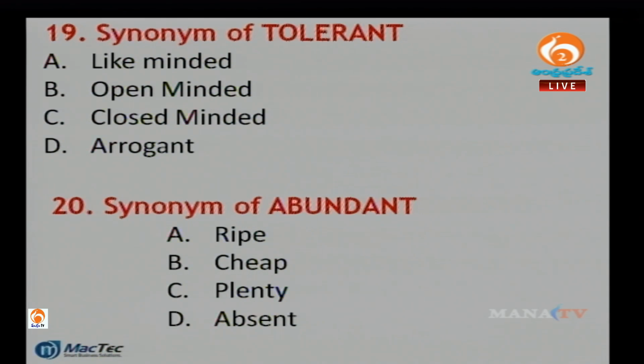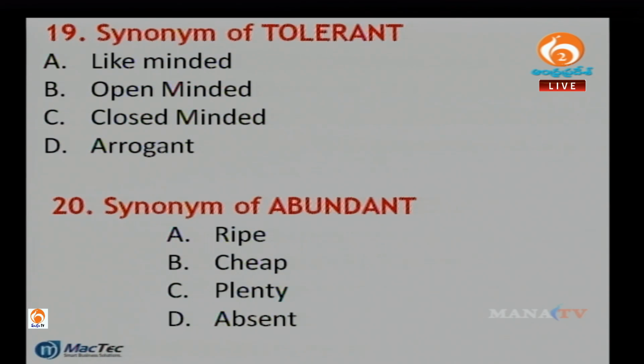These are the last 2 questions, and next session I will talk about prefix suffix. Synonym of tolerant. What is the meaning or similar word of tolerant? Somebody who is like-minded, somebody who is open-minded, somebody who is close-minded, or somebody who is arrogant. Arrogant, no. Close-minded, no. Like-minded and open-minded.